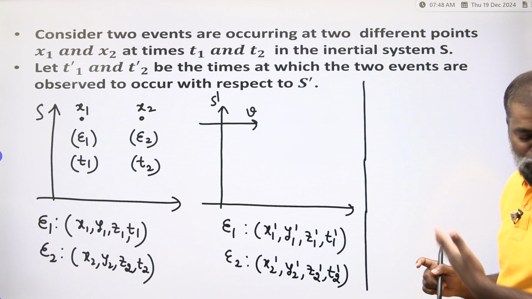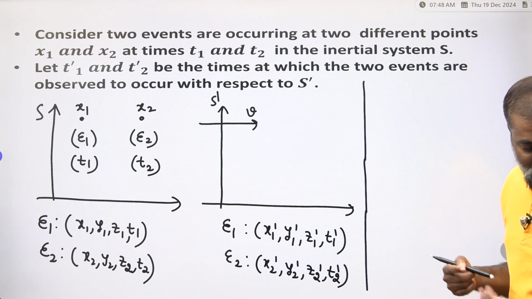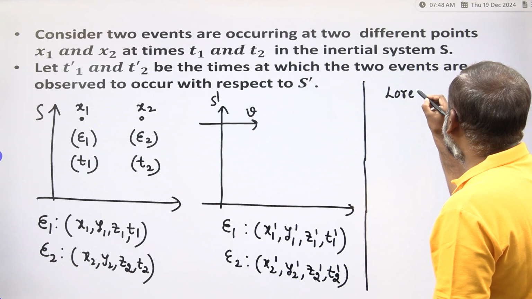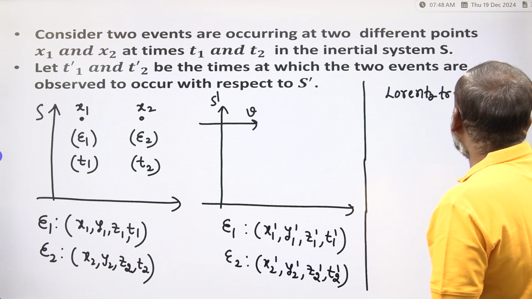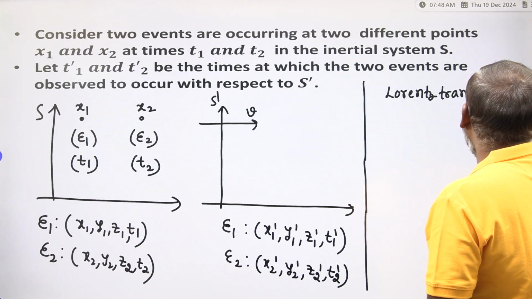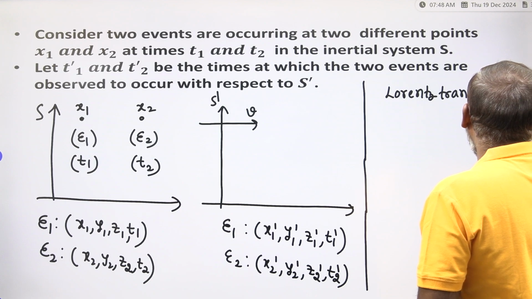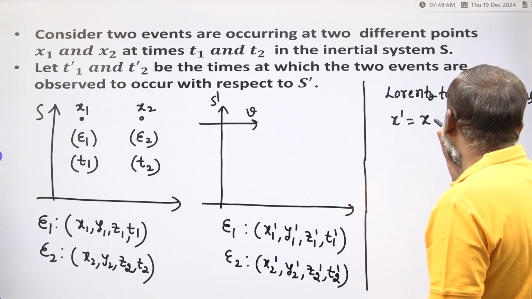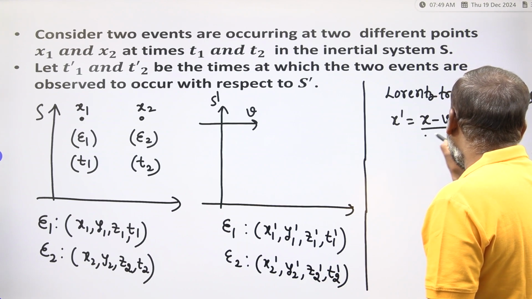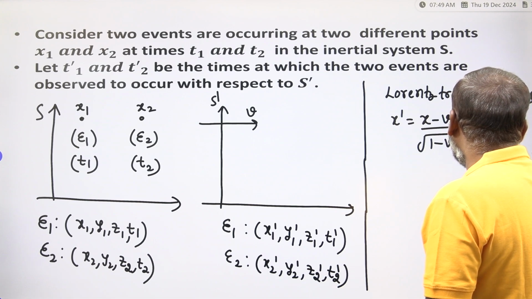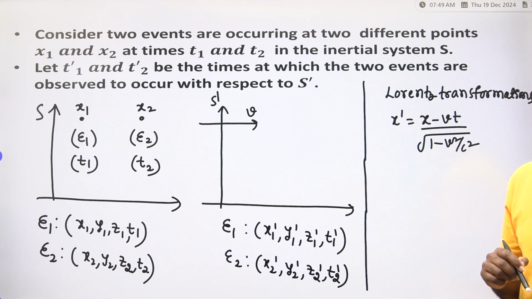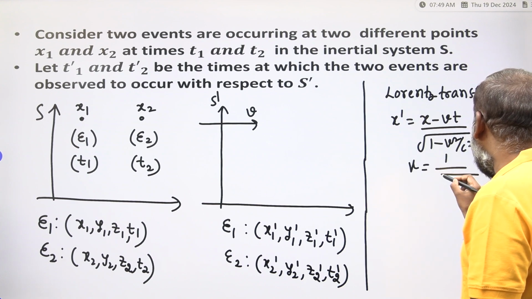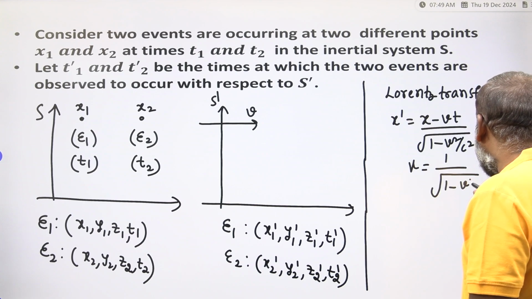Now, we know the Lorentz transformations. What are the Lorentz transformations? From the Lorentz transformations, x dash is equal to x minus vt divided by square root of 1 minus v square by c square. But you know gamma is equal to 1 by square root of 1 minus v square by c square.